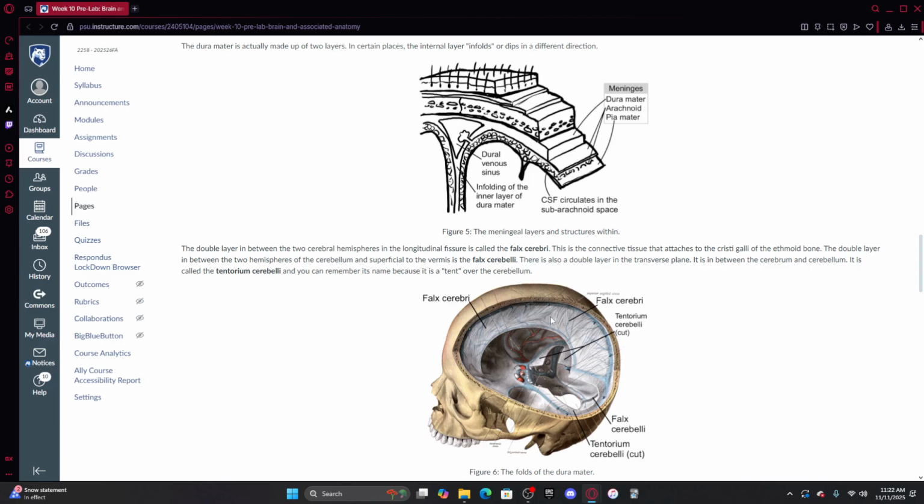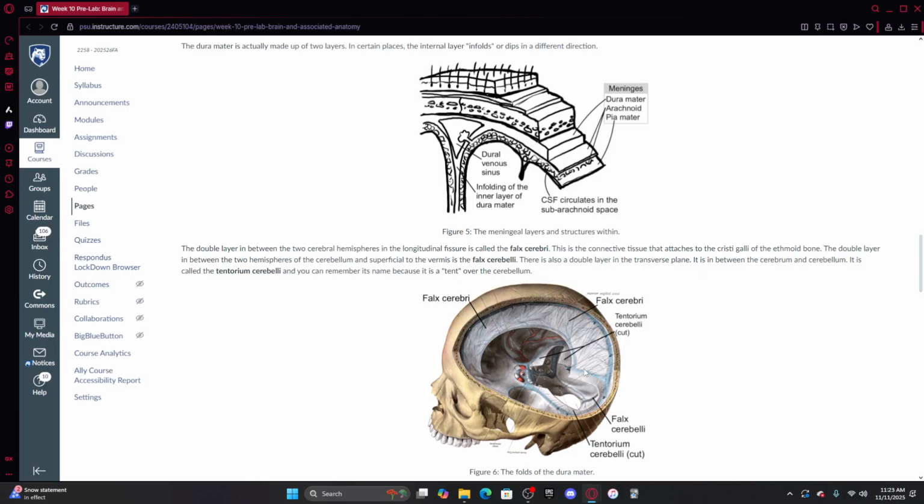So in between the two cerebral hemispheres, cerebri meaning cerebral, you're going to have the falx cerebri. In between the two cerebellar hemispheres, this is going to be superficial to the vermis, you're going to have the falx cerebelli over the cerebellum, right?